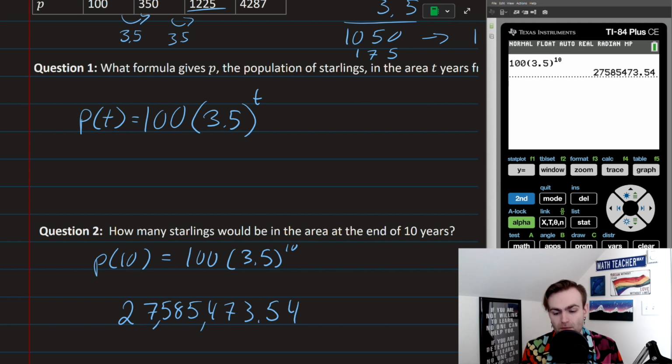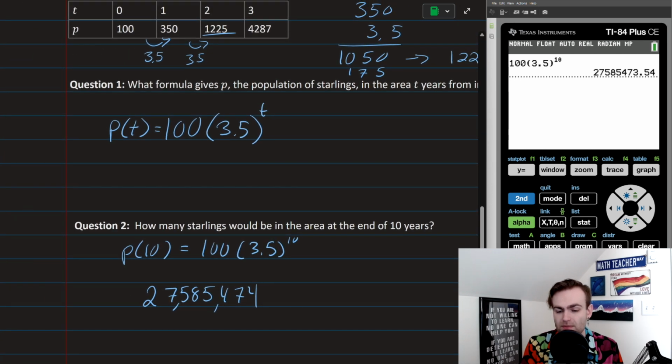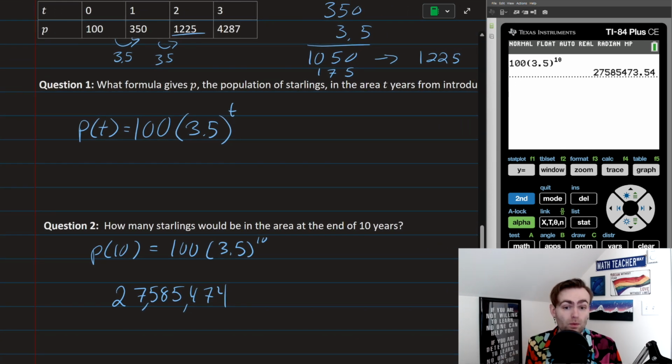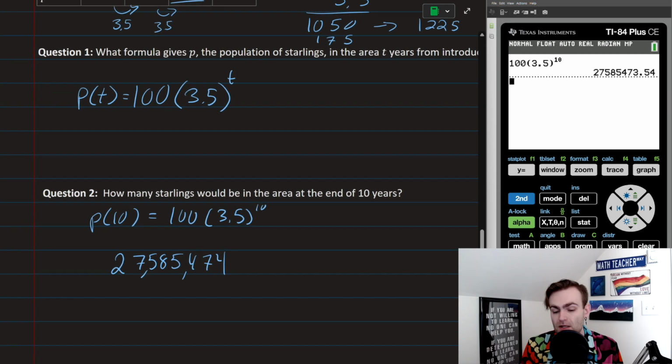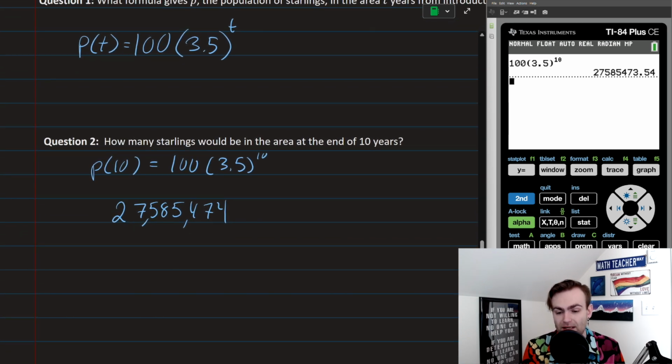If you have more than a little bit of something, you would always round that up. You can't have 0.54 of a starling. You can't have 0.54 of a person. So you've got to use your context clues and see, should you round up, should you round down? In this case, if you're talking about a population of something, I would almost always round up. So that is our answer.